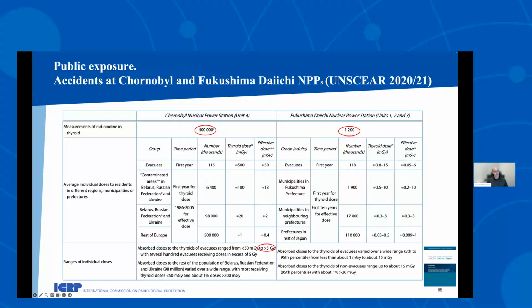These are rather unique numbers: a little bit less than 500,000 direct measurements of iodine in the thyroid gland during the first weeks of the emergency. Absorbed doses to the thyroid gland in the Chernobyl case were really large, some well above 5 gray, and definitely caused a number of problems.